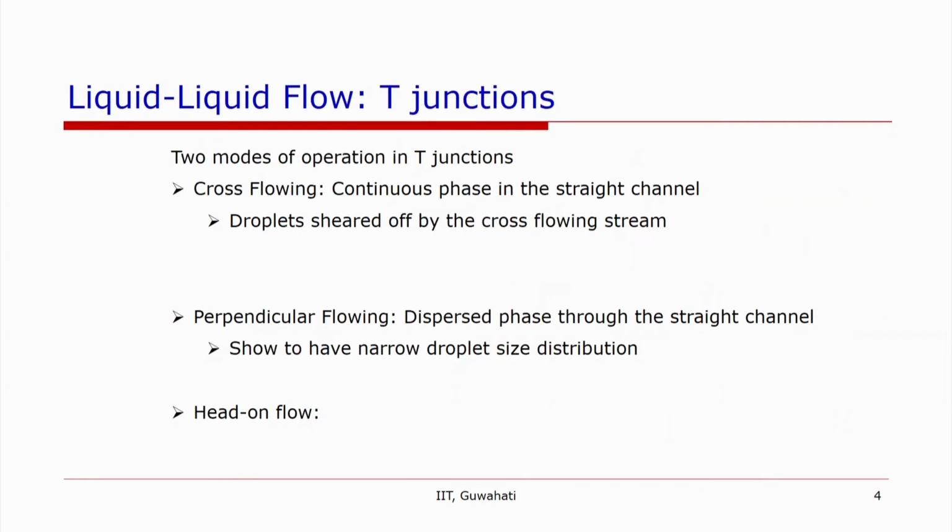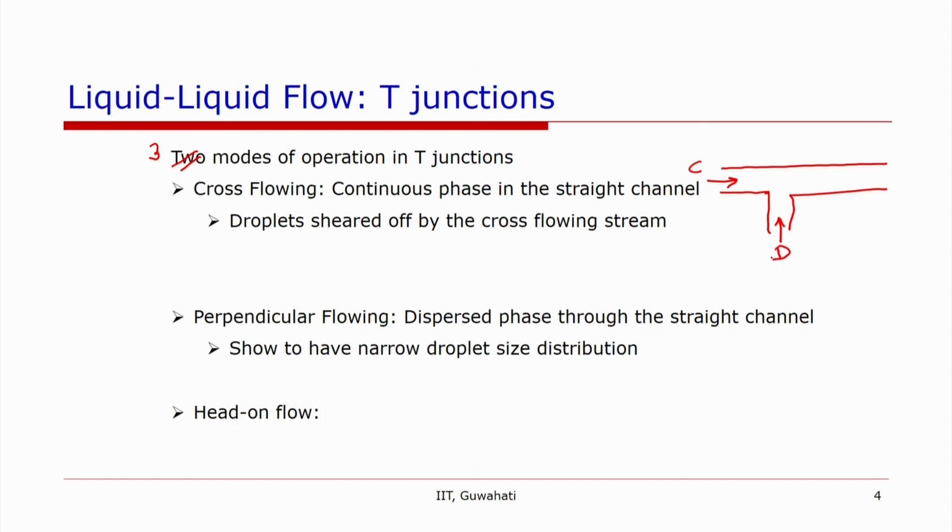So now let us look at the flow regimes in these three different configurations. In T-junctions, there are actually three modes of operation. The first one is what we call cross flowing. So we have a T-junction, and in this case the continuous phase is coming in the straight channel, and the dispersed phase comes from here.